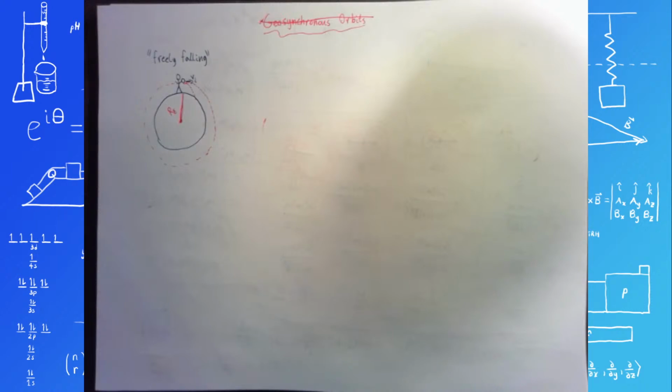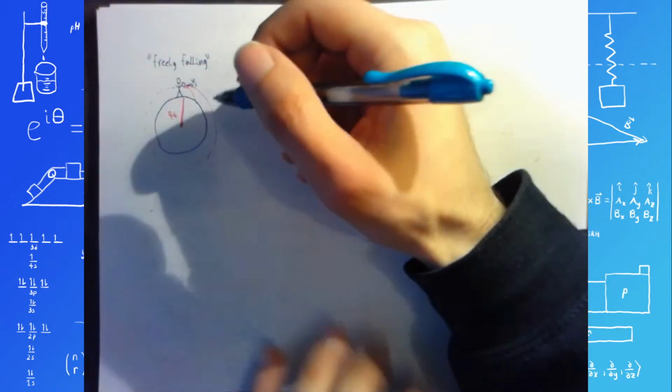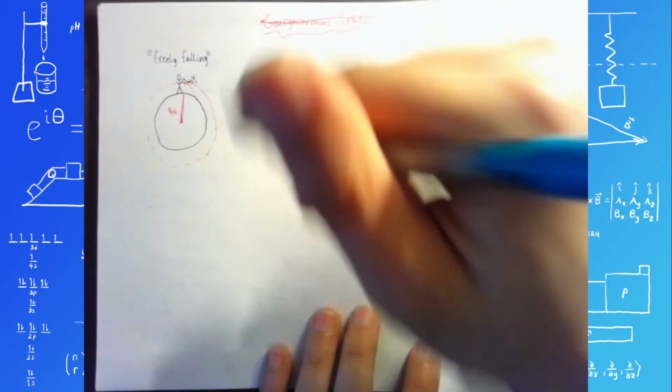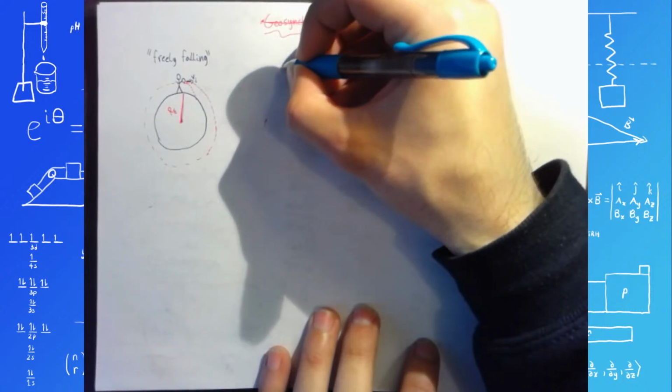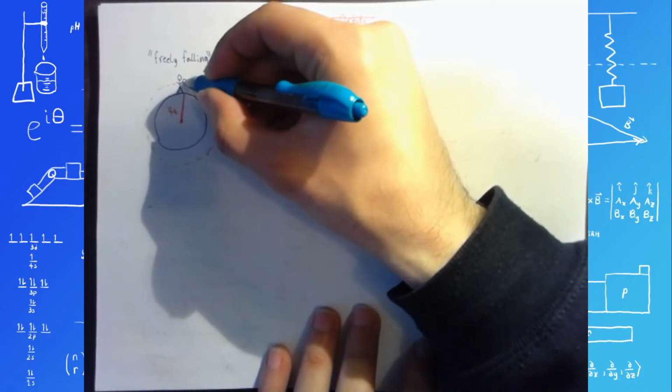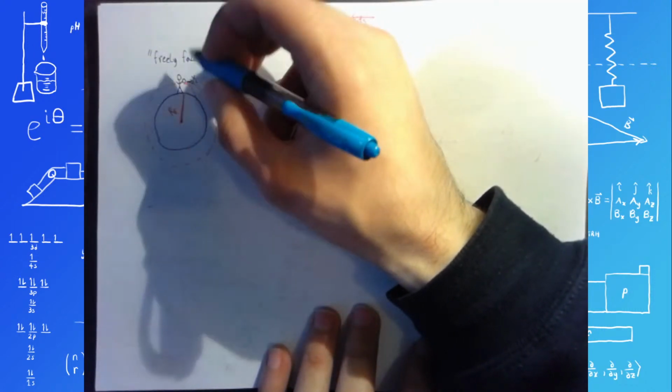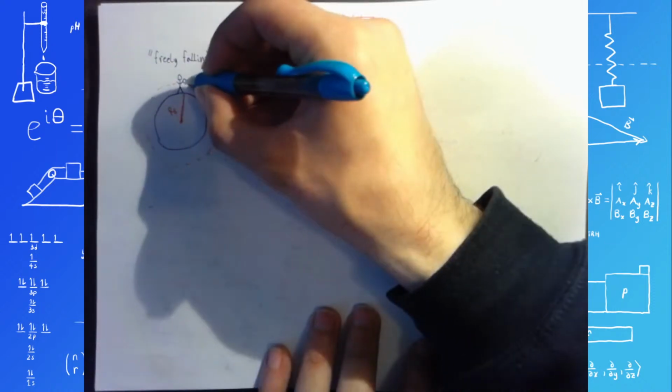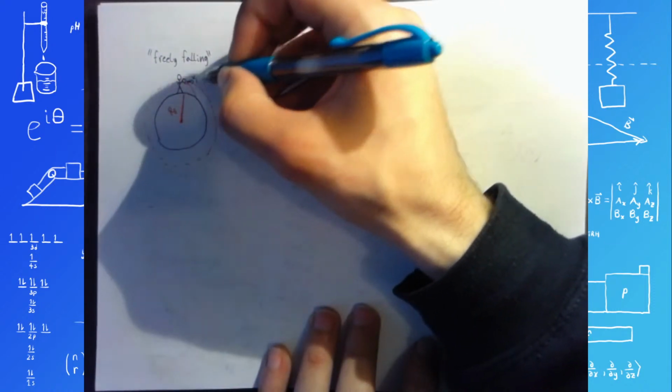Because after all, the force of gravity always points towards the center of the Earth, so it can act as a centripetal force if the object is moving fast enough. If the only force acting on this object is the force of gravity, since we neglect air resistance, then when the object is here, gravity is pulling it straight down.